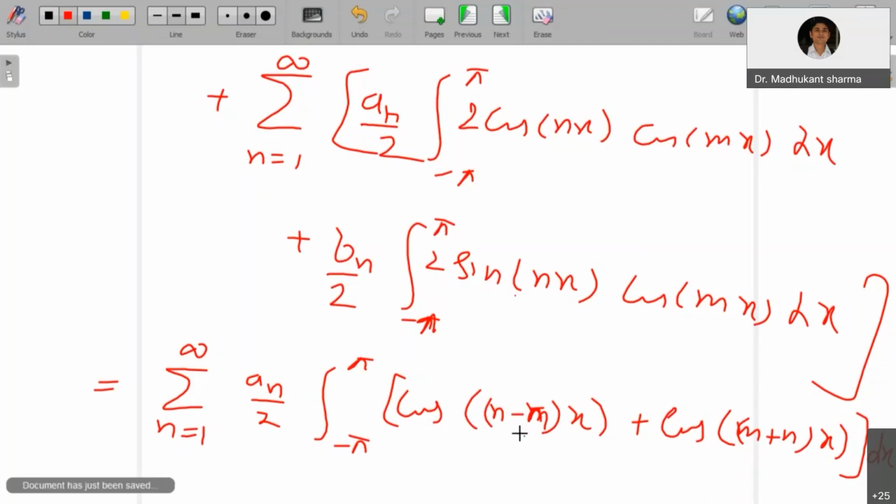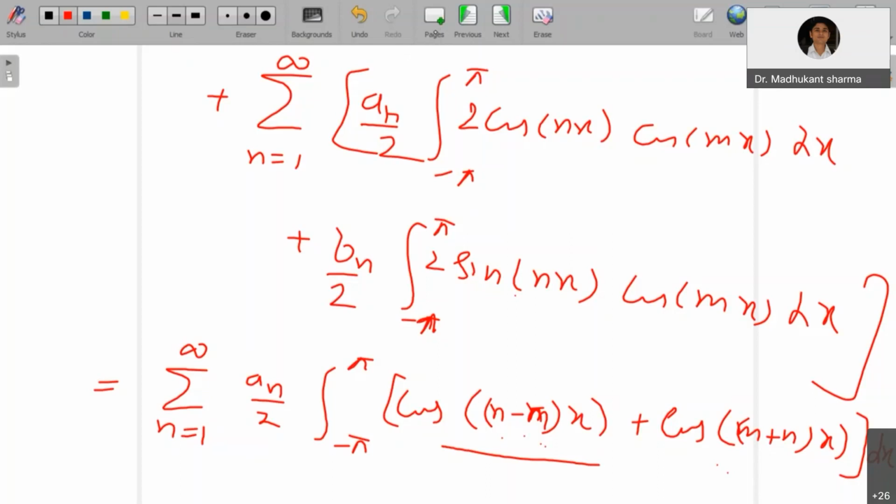So whenever n is not equal to m, whether n is greater than m or less than m, you can still verify that both these terms will not contribute anything. So only the first term contributes as long as m equals n. The second term, no longer.